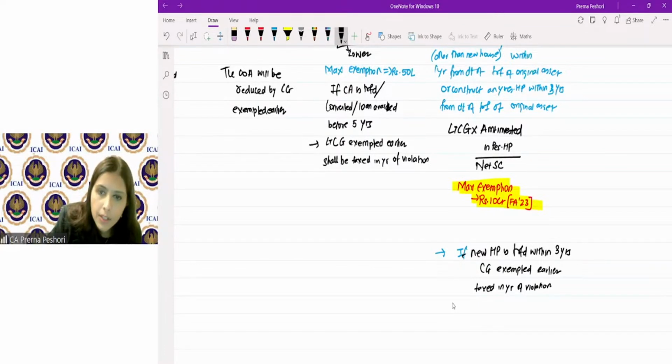So you will have two capital gains. One will be of the new house and one of the earlier property or earlier capital asset which was exempted under 54F.